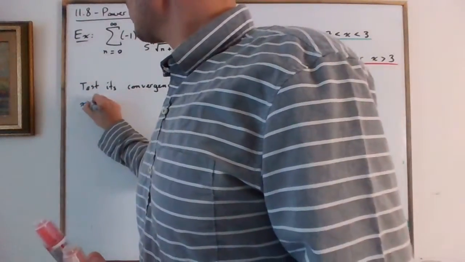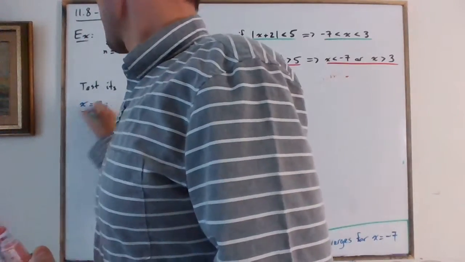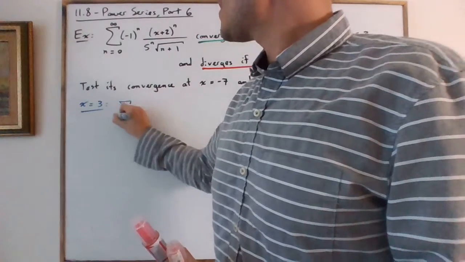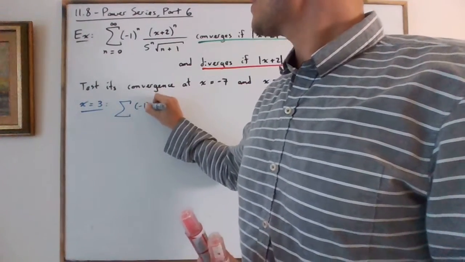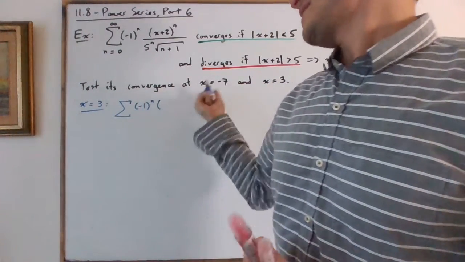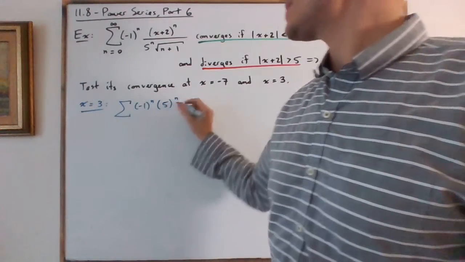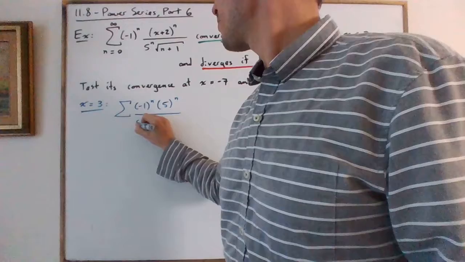So here we go. Now we're going with x equals 3. In this case, what we have is -1 to the power of n, and simply, we replaced 3 inside of the series.